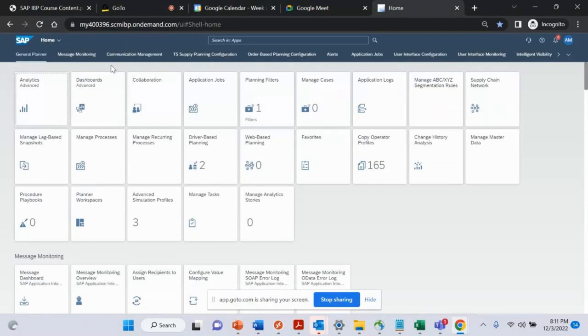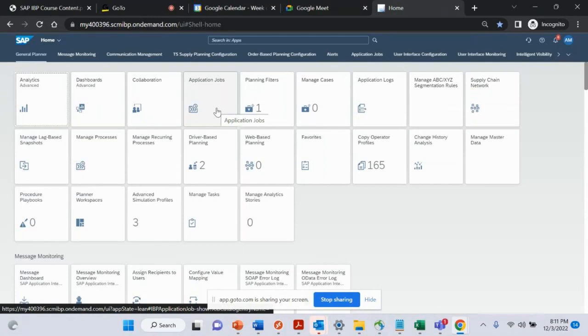Here we have the general planner tab, under which come analytics, dashboard, and application jobs. I remember that Srikant or Pranavesh mentioned they are running and scheduling the application jobs, correct? They can do it from this application job tab.